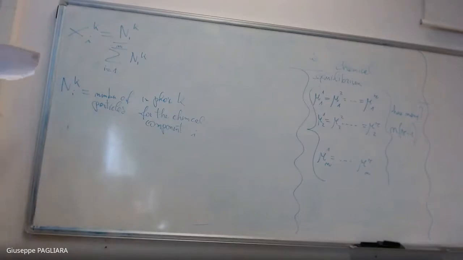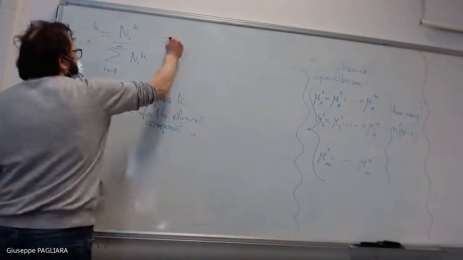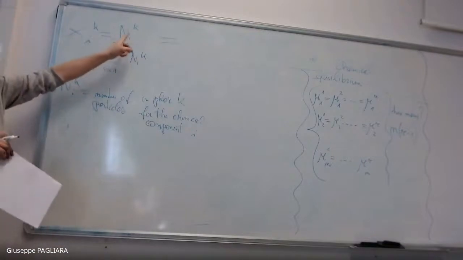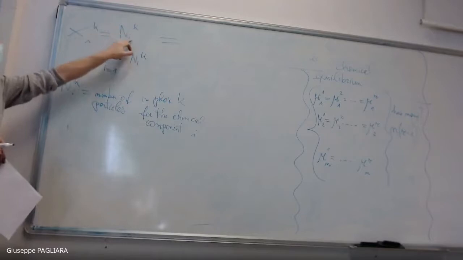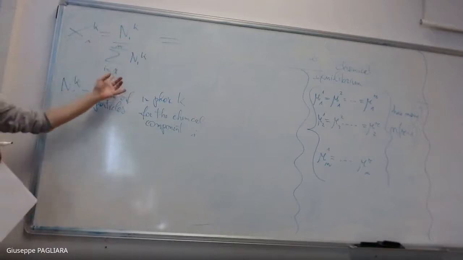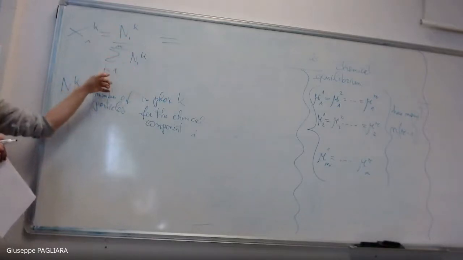Therefore, these x_i are basically the concentrations. You take the number of particles in phase k of the i-th chemical component, and you sum over i.